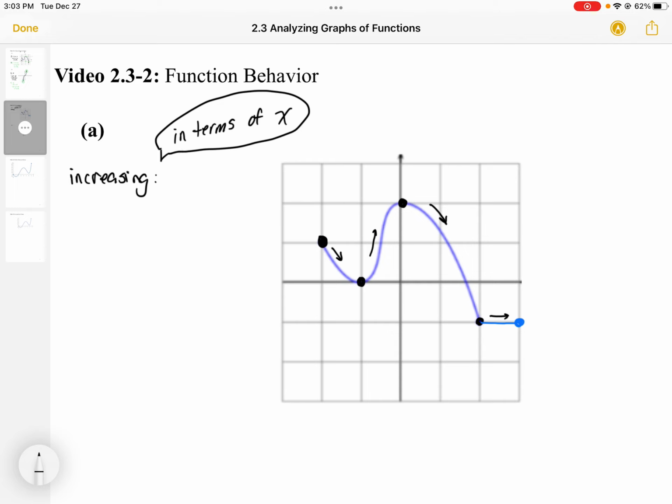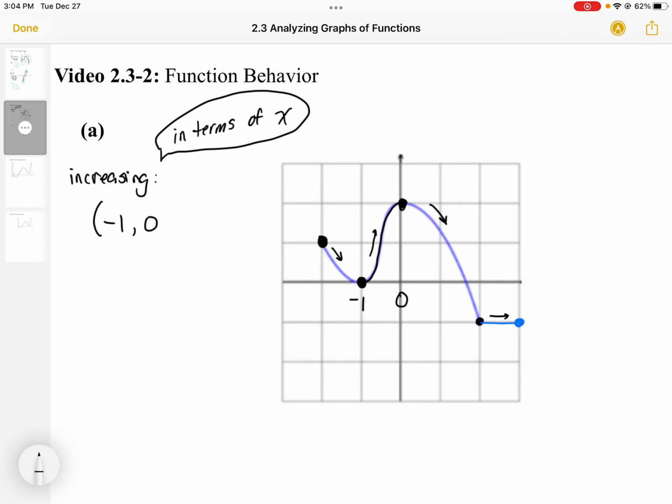So let's look at this graph where the graph is going up. The graph is going up when x is -1, and it's going up to this point when x is 0. So the interval would be from -1 to 0.